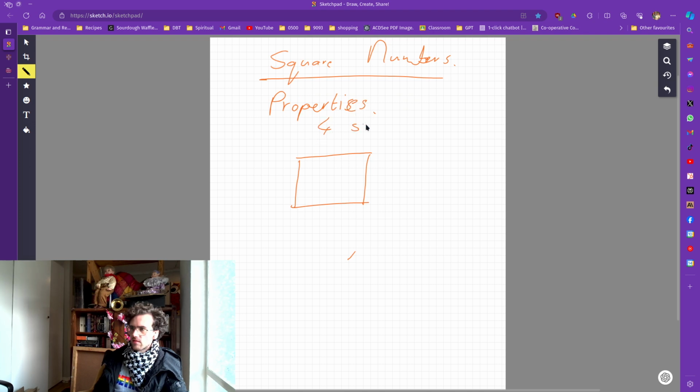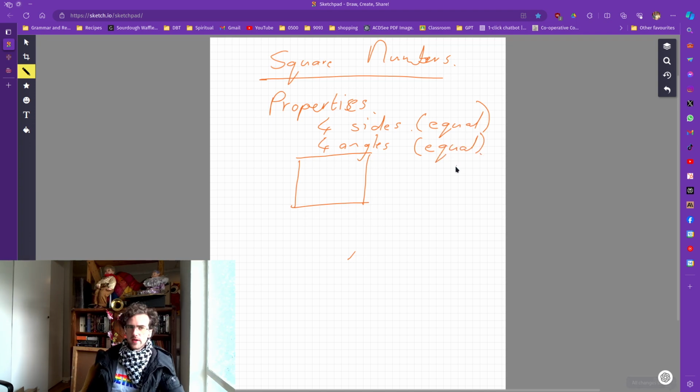Four sides, 4 equal angles. Yes, if it's 4 equal angles and 4 equal sides, we can leave it there.